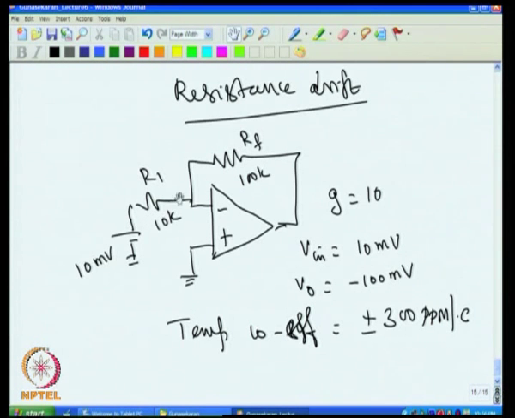However, in the other case, one may not change at all with temperature, another may change minus 700, or one may change plus 100 ppm, another may change minus 75 ppm, because it can be anywhere from minus 300 ppm to plus 300 ppm. Normally we think that, for example, if I take a wire, it will always have a positive temperature coefficient.